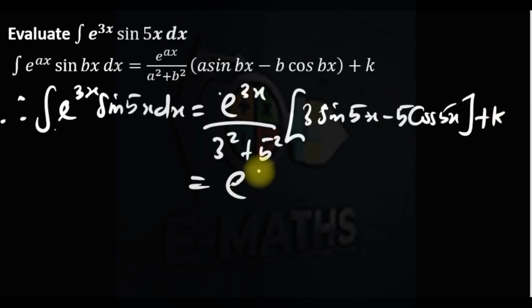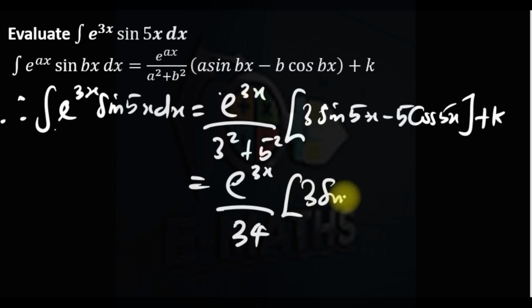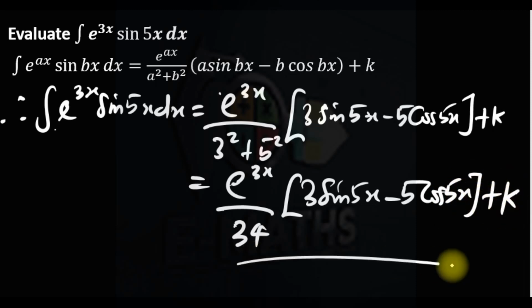That is equal to e raised to the power 3x over 9 plus 25, which is 34, times 3 sine 5x minus 5 cos 5x, plus k. That's the answer. So anything of this form, that is the integral.